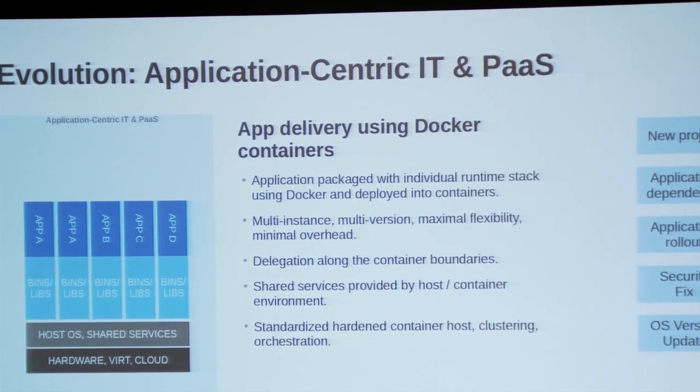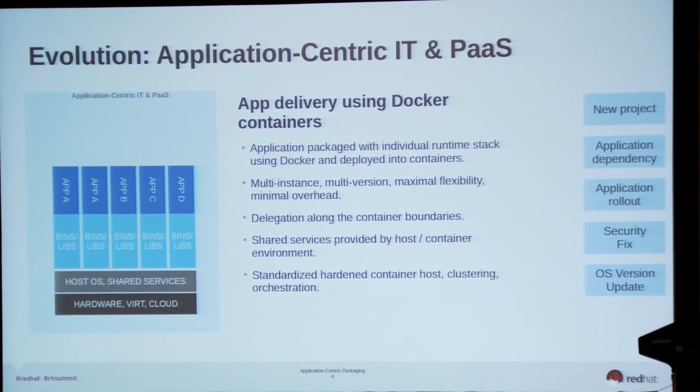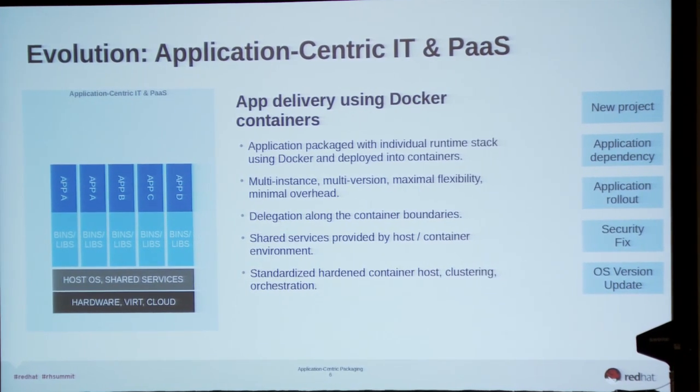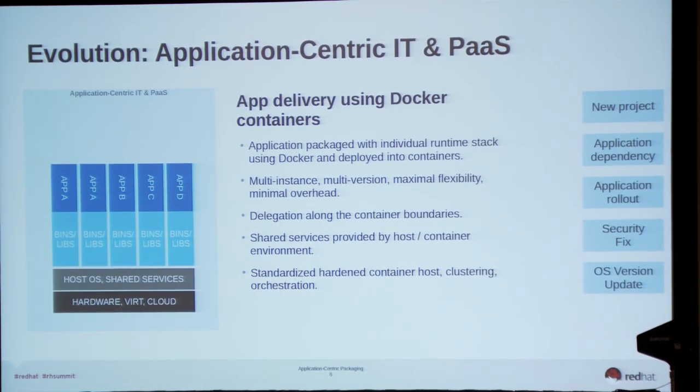Okay, good. All right, so my read on this is that's not ideal either. Gotten a bit better, but still not great. So what if we had something that we called application-centric packaging of applications, where effectively the application gets packaged together with all its dependencies, but only its dependencies, nothing else.